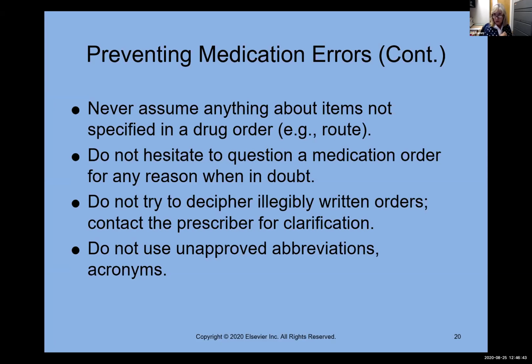So you would call the provider and say, I know you've got tablets on here, but you didn't write the route. So you have to include the route. So never assume anything. Oh, you know, he meant that to be 25 milligrams of promethazine, not 250 milligrams. You don't assume that. You call and get the order to correct it.